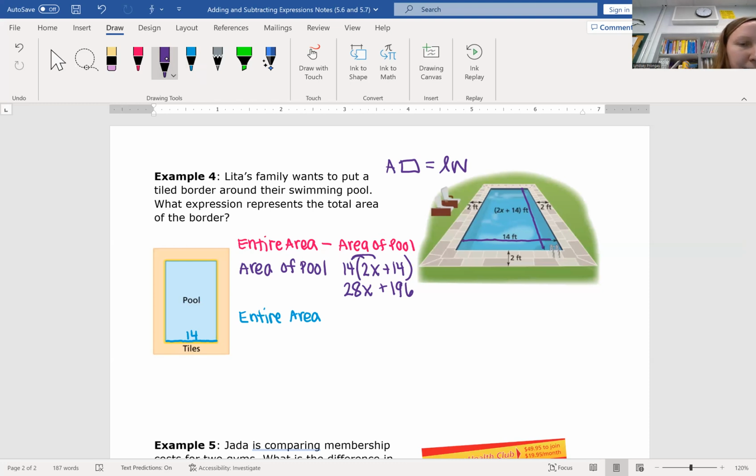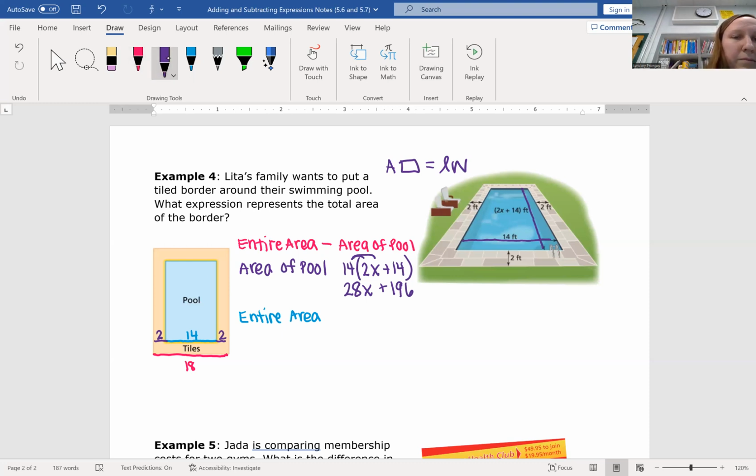So this is 2 feet, and that is 2 feet on the other side. If I want the width of the entire pool area, it's going to be 2 plus the 14 plus the 2, which means that this is 18.